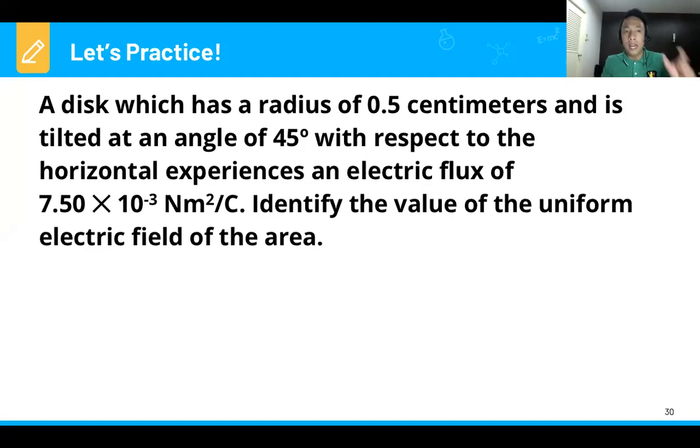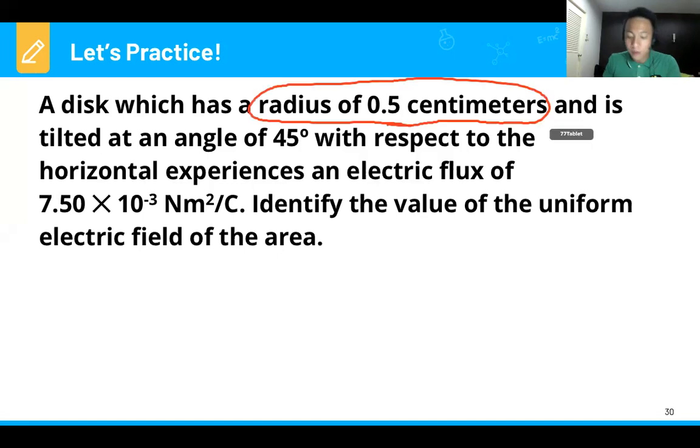So here we have a given plate which has a radius of 0.5 centimeters and is tilted at an angle of 45 degrees, so yung angle natin.